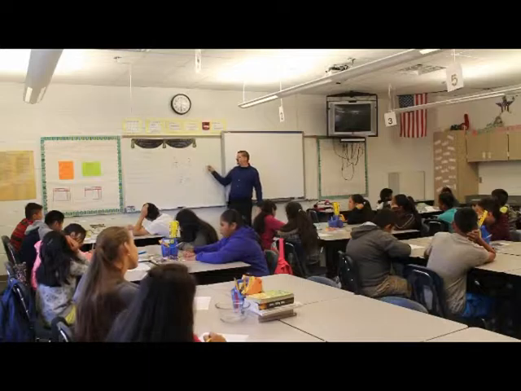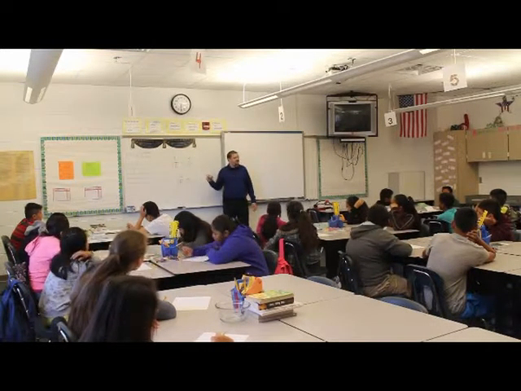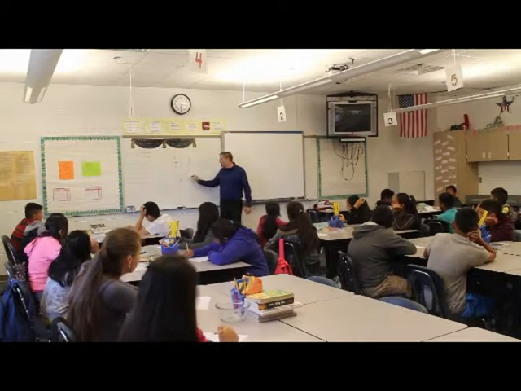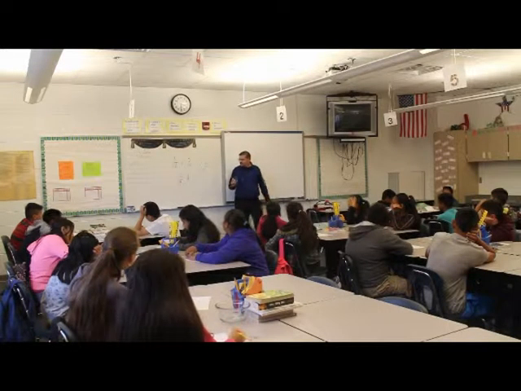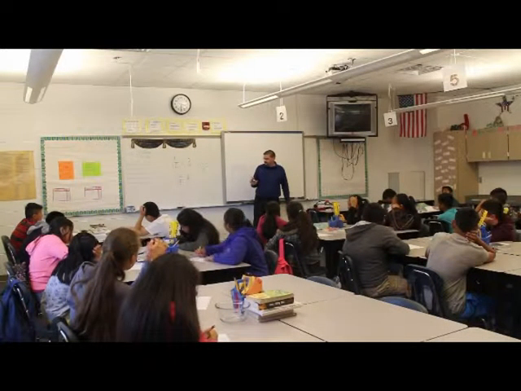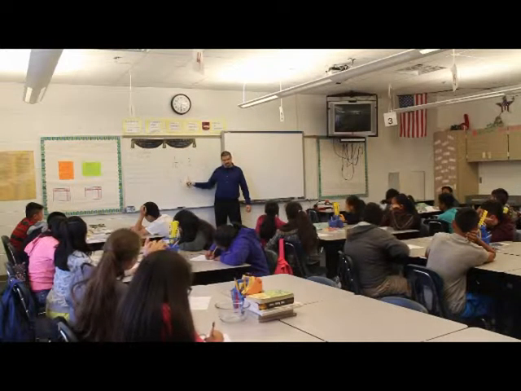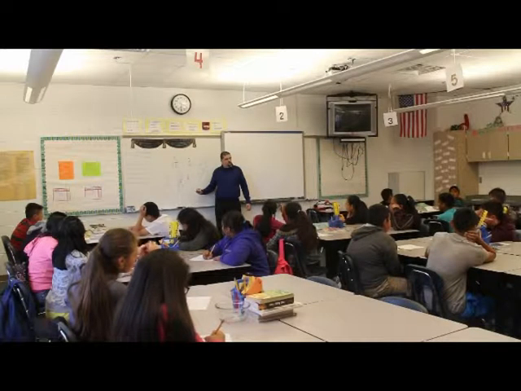If I took 16 away from this 27, how many do I have left over? I have 11 left over. So here's what I'm saying now. How much is this? One whole.